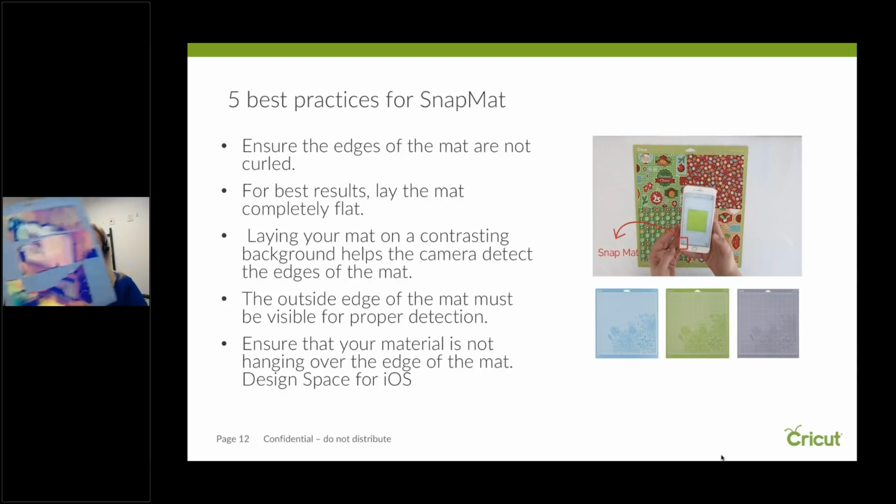So this outside portion of it, especially what I was talking about, the little hat up here, it needs to be able to detect it to take the picture of it accurately. And make sure that your material isn't hanging over the edge and nothing is overlapping. You don't want your materials to be overlapping.